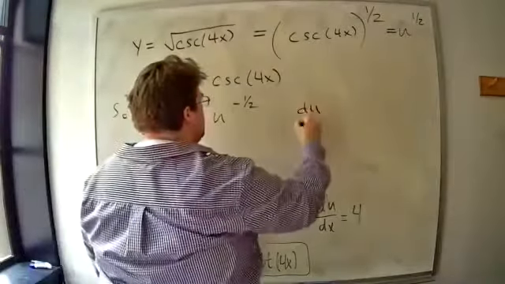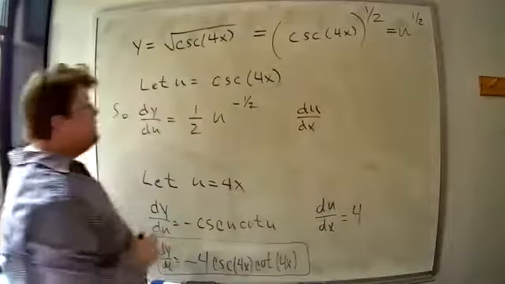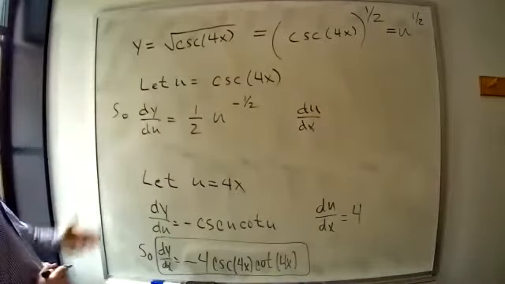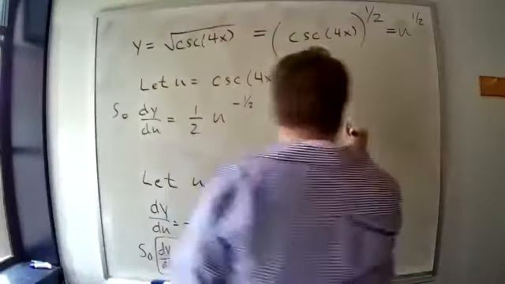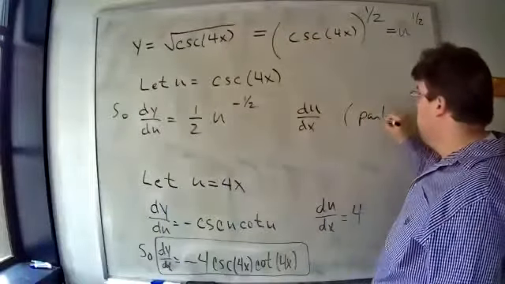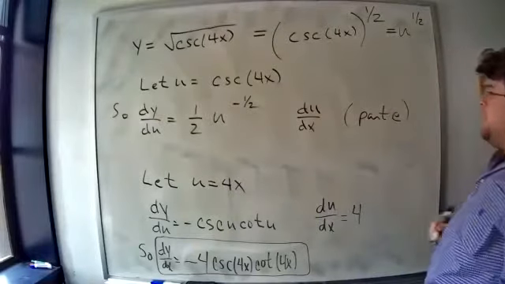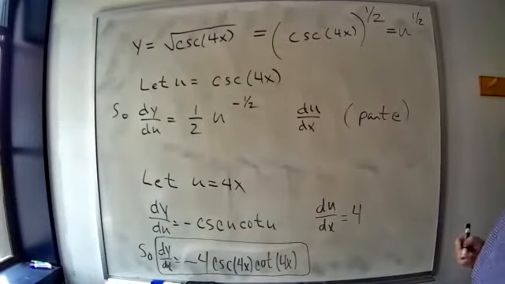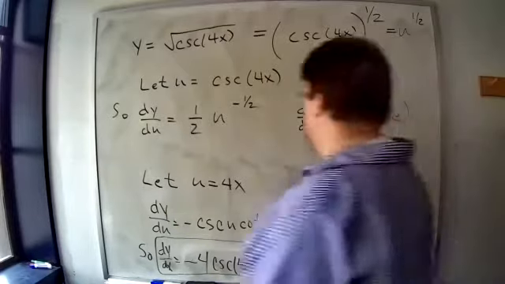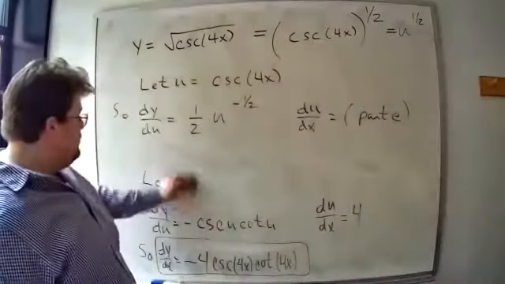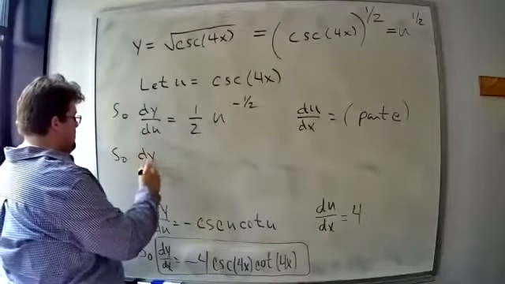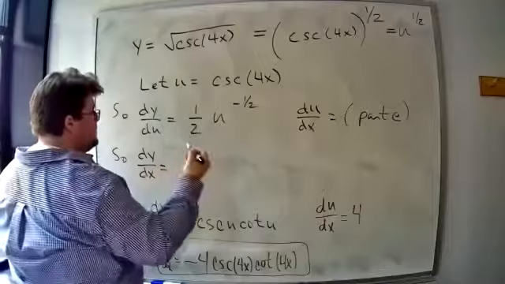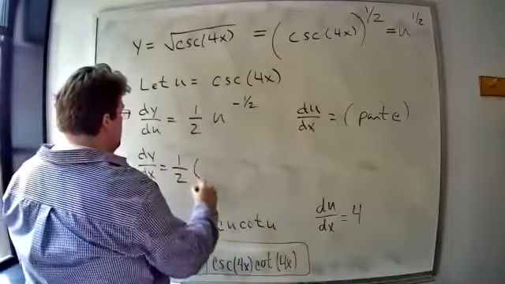That's dy du. Du dx, notice u is cosecant of 4x. We already found du dx in part E. It's that quantity rectangled at the bottom of the board. So now dy dx is these two multiplied.